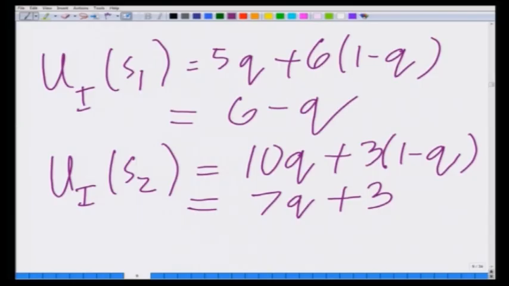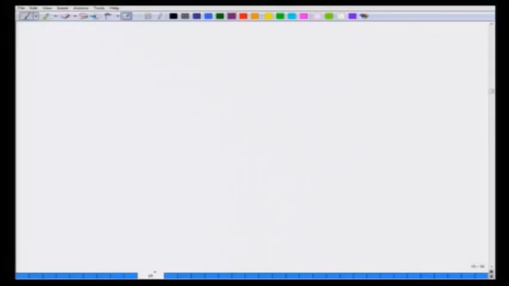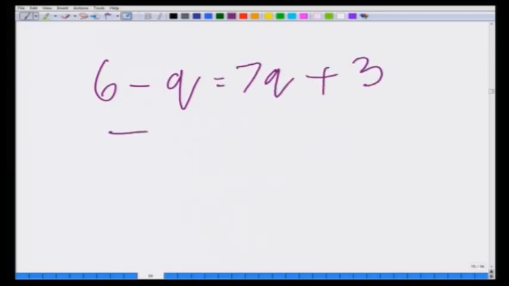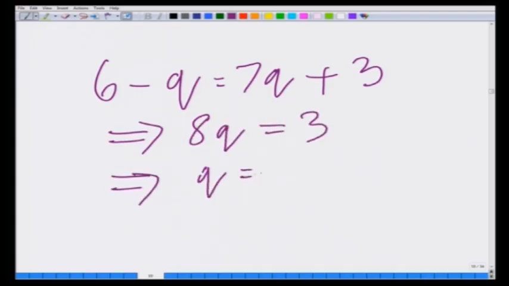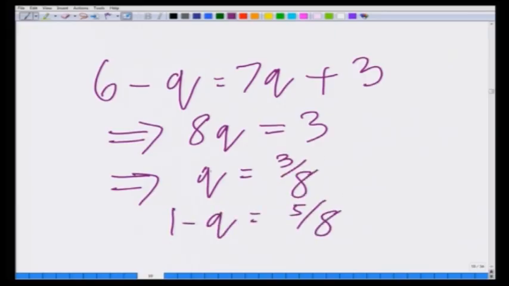So, if the investor is always choosing to invest in stock 1, his return is 6 minus q, and if he is always choosing stock 2, his return is 7q plus 3, and he will choose to use a mixed strategy only when 6 minus q equals 7q plus 3, which implies 8q equals 3, which implies q equals 3/8 and 1 minus q equals 5/8.